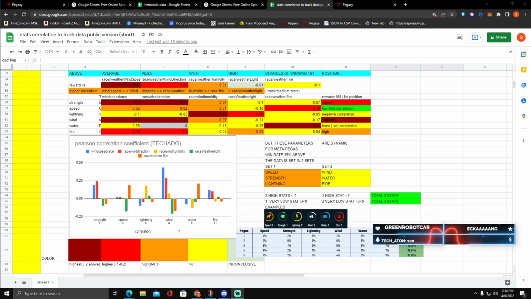Let's scroll here. Okay, so this is first of all for above average Pega with high chances of first position. Now remember this is not going to be a META Pega. For an above average Pega, if you see that strength is higher, wind is the highest, strength is higher, and fire is high, it will have a very high correlation with the first position.